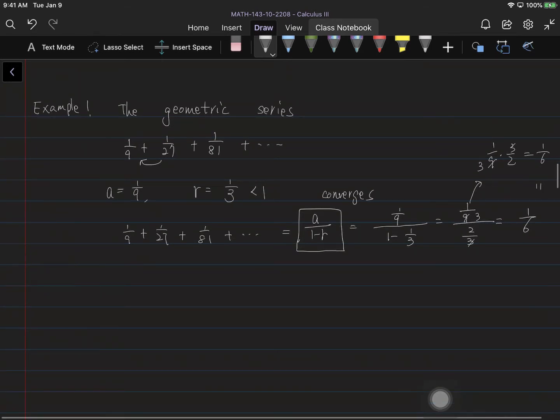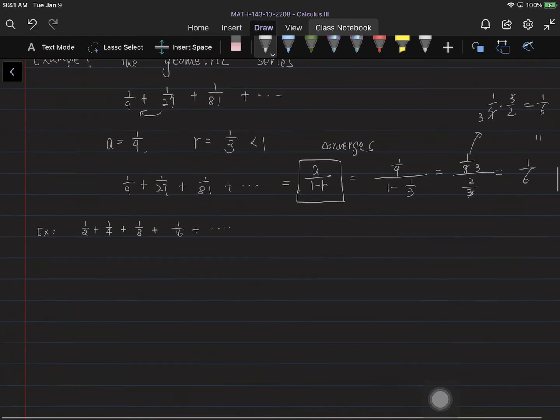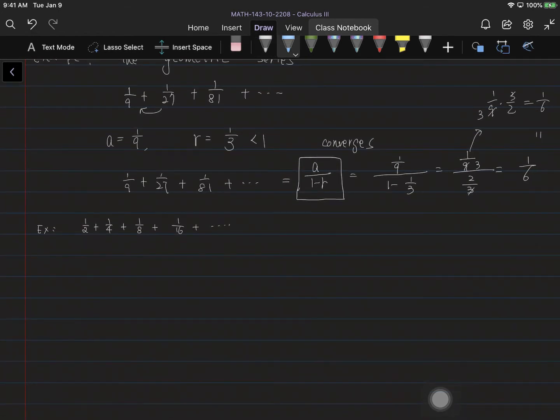Let's try this exercise problem. Let's see if this series converges or diverges, and if it converges, what is the sum? You can do this problem by yourself. Now let's try. I'm going to give you the solution.